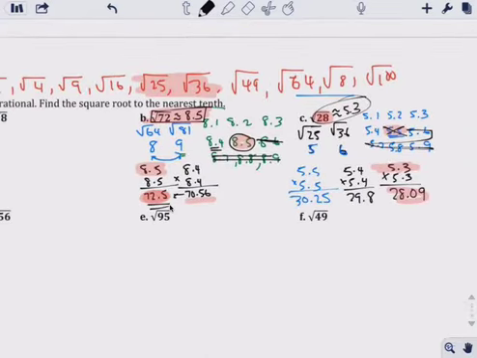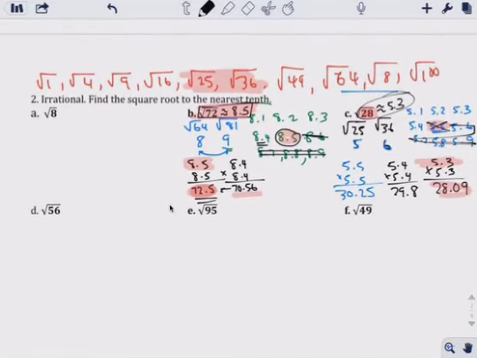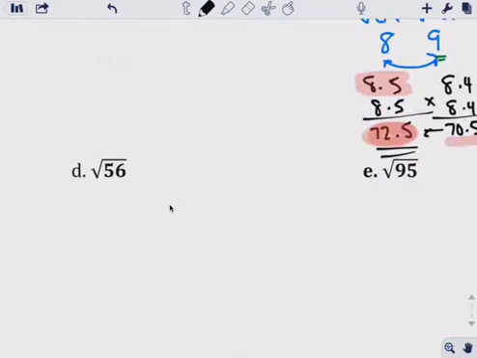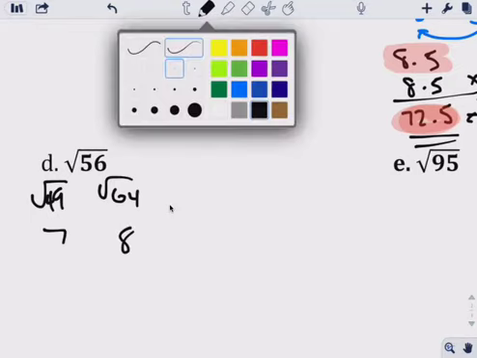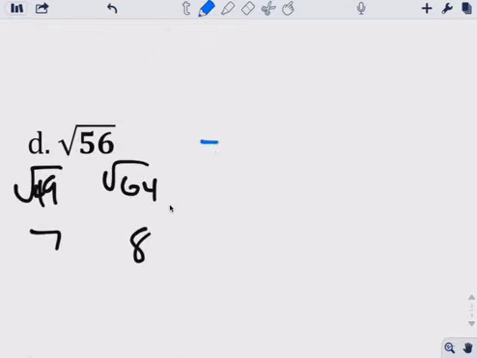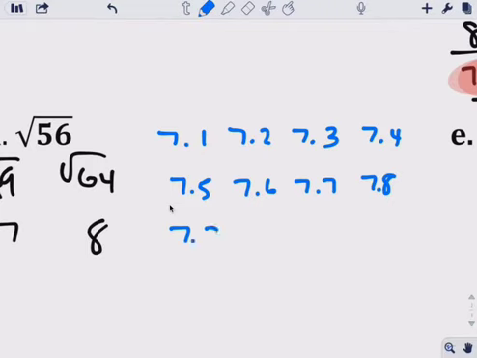Okay. Next one. Square root of 56 is between 49 and 64. So square root of 49 and square root of 64. That's 7 and 8. So your choices to choose from are 7.1, 7.2, 7.3, 7.4, 7.5, 7.6, 7.7, 7.8, 7.9.